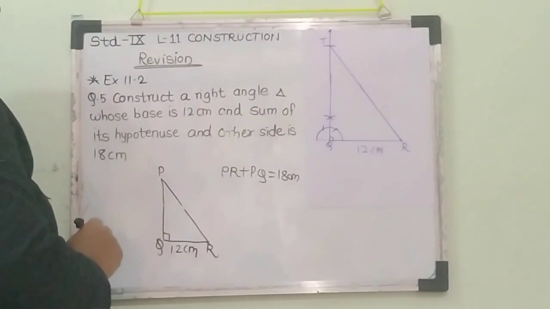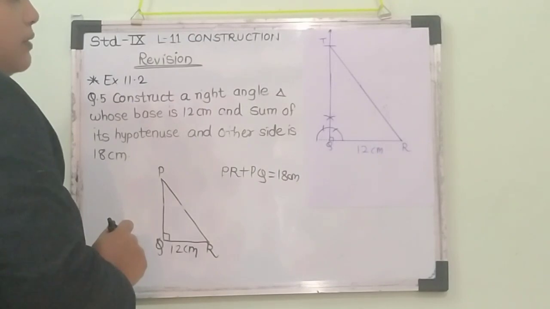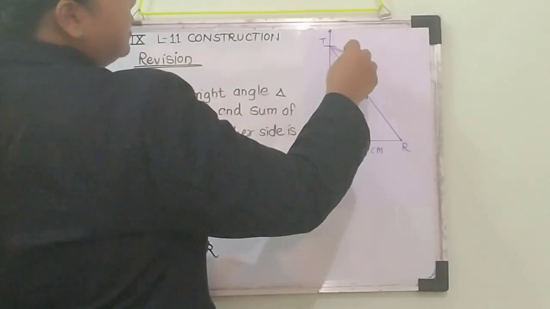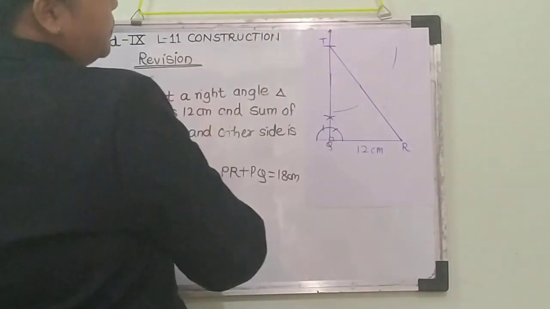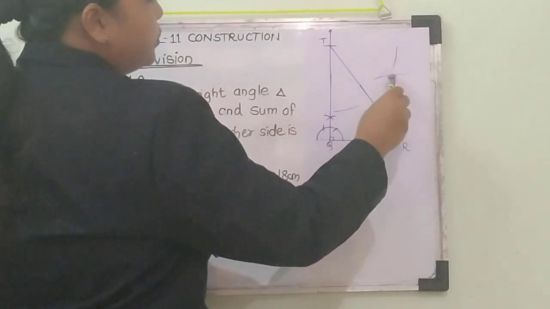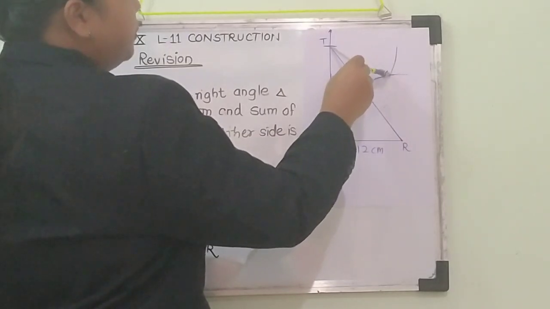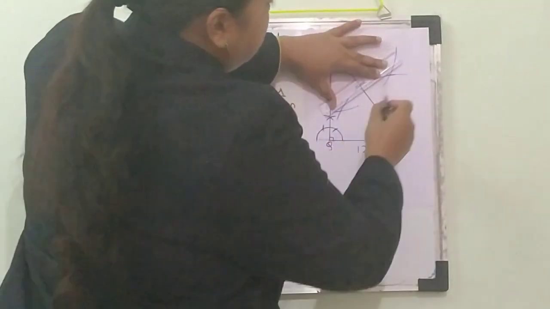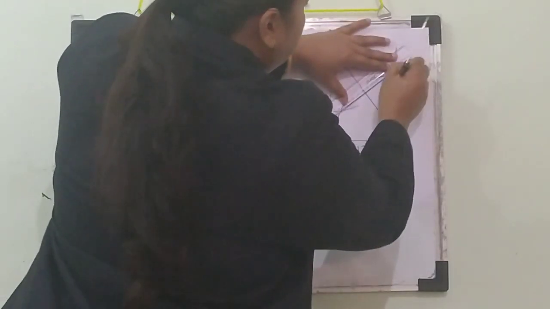Then what we have to do? Then we have to draw the perpendicular bisector of TR. For that again we have to take more than half the distance and mark the arc on both sides. Correct? From point T also and from point R also. With the same measure we mark the arcs and draw the perpendicular. So here we can draw this perpendicular line.